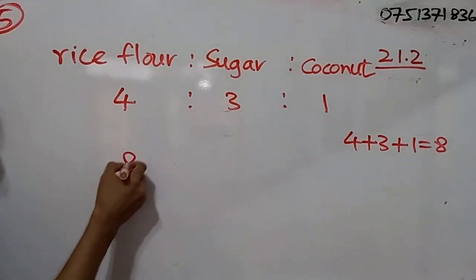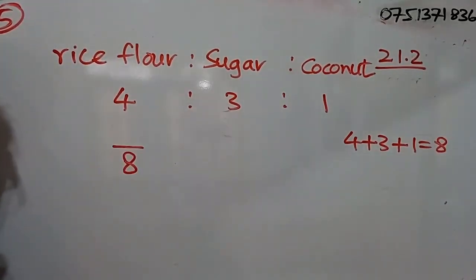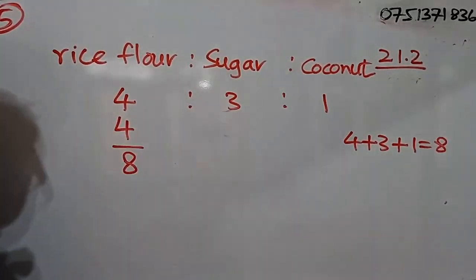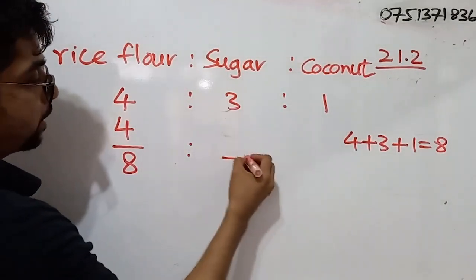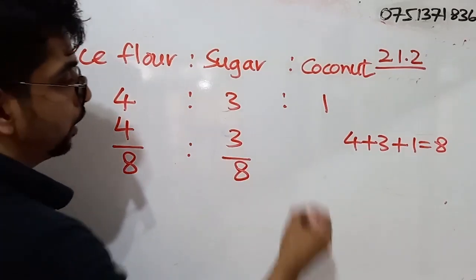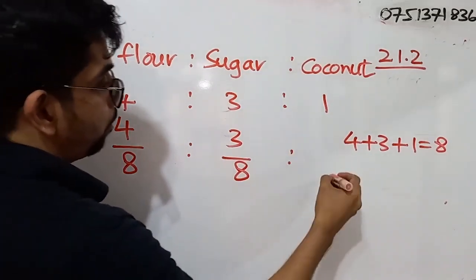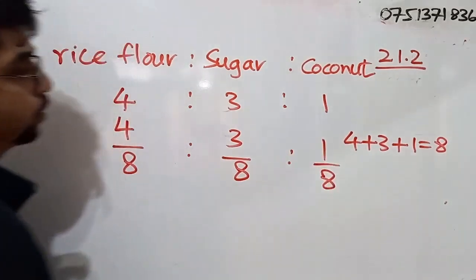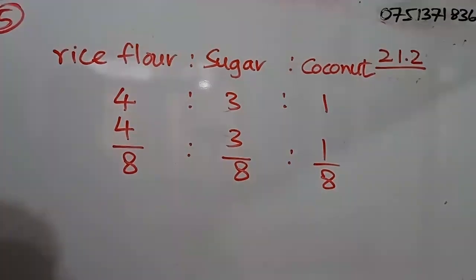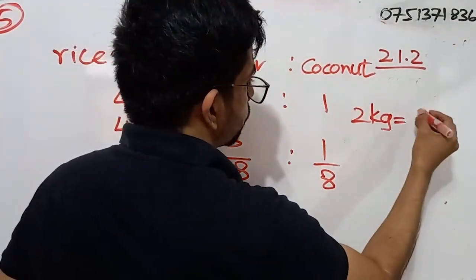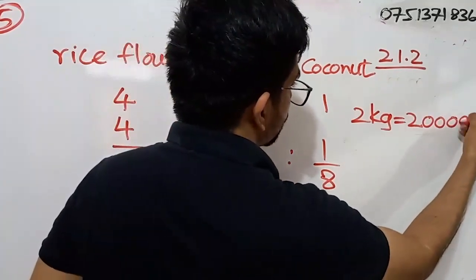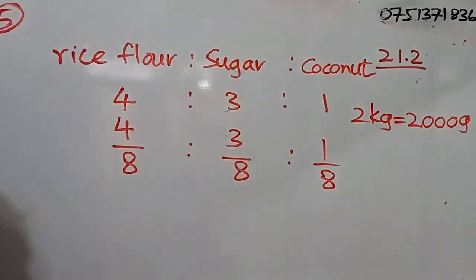So that means out of 8 equal parts, 4 parts are rice flour, and out of 8 equal parts, 3 parts are sugar, and out of 8 parts, 1 part, that is what? Coconut. Right. So what is the total mass of the mixture? 2 kilograms. So we will convert this into grams. So it will be 2000 grams.